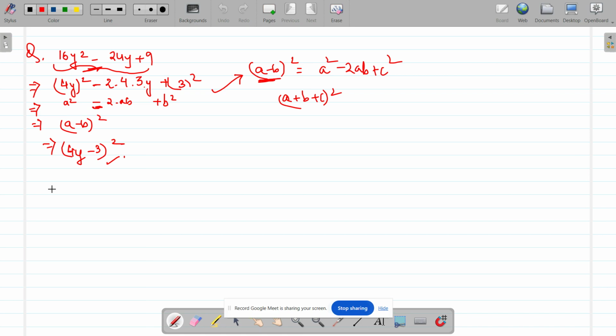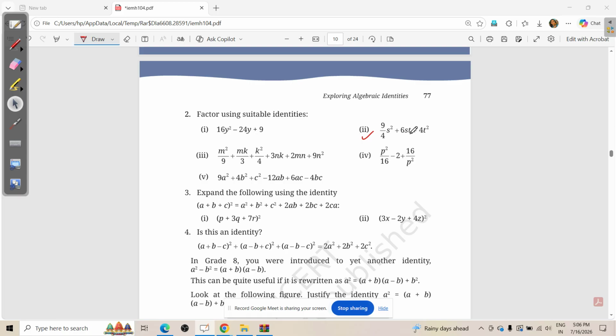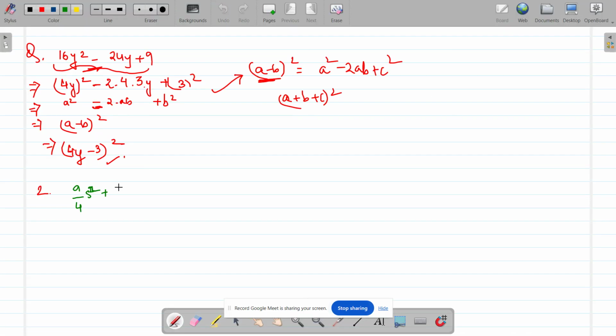So the next question is, let's take something different. 9 by 4 s square plus, what was the question? 9 by 4 s square plus 6st plus 4t square. Right. So how will we solve this?